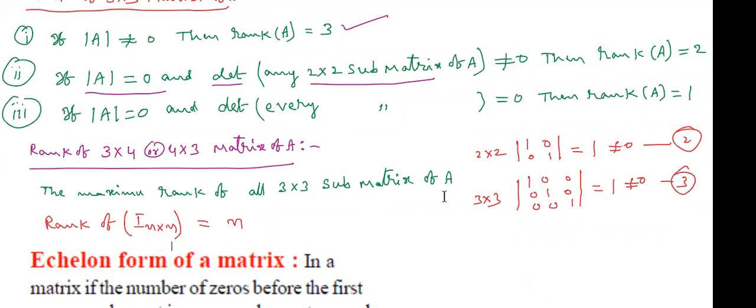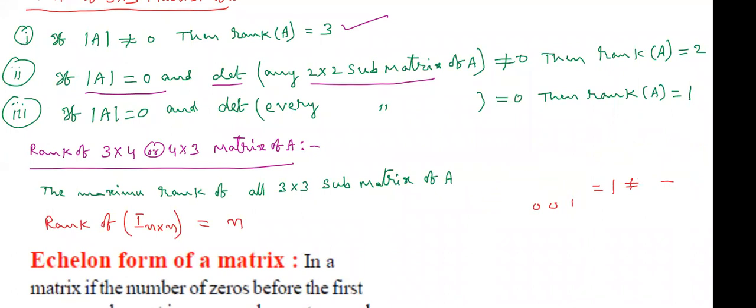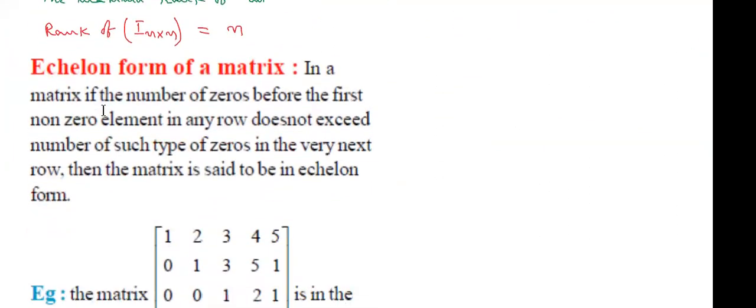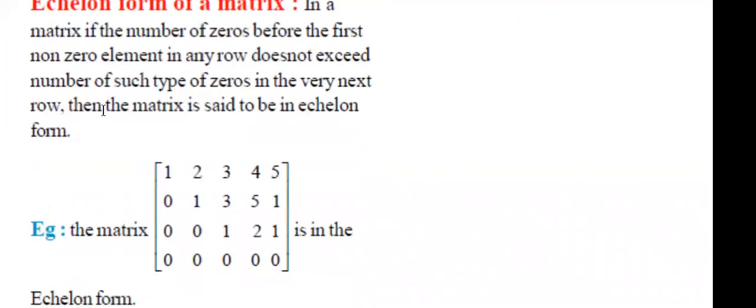Okay, that was using the determinant method. Another method is the echelon form of a matrix. This is important in engineering also. What is echelon form? See here, read the definition.